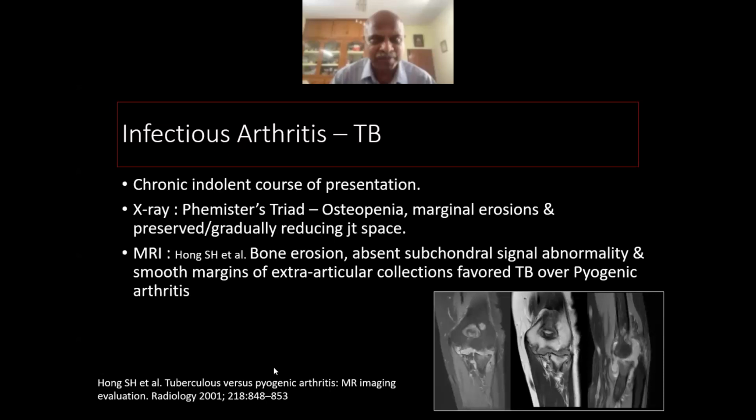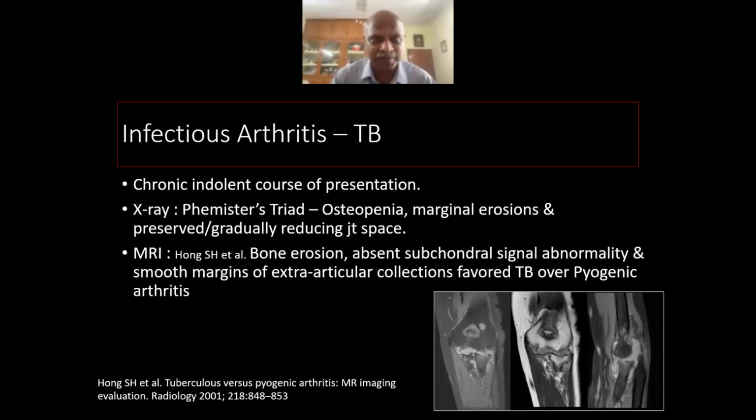This was an interesting article that I've seen in Radiology, where they've tried to differentiate tuberculosis from pyogenic arthritis, and they found that bone erosions, the absence of subchondral signal abnormality, and smooth margins of extra-articular collections favored TB over pyogenic arthritis, while in pyogenic arthritis, the extra-articular collections tended to have more thick and shaggy margins.